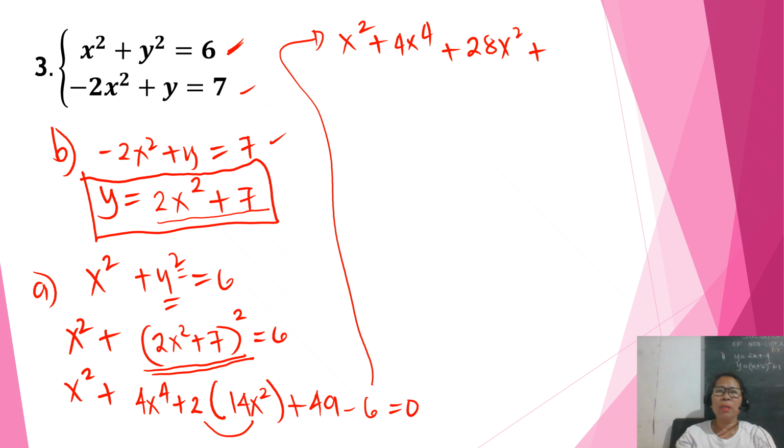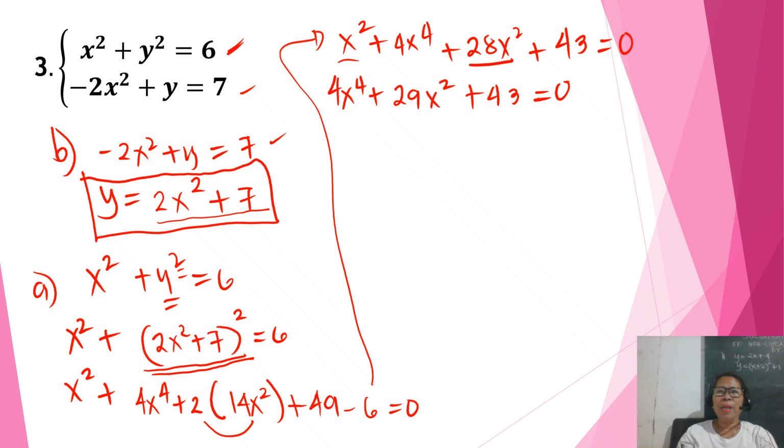That will be 43, is equal to 0. If we arrange them in decreasing order, we will write 4x to the 4 plus the 28x squared and the x squared can be combined. That will be 29x to the power of 2 plus 43.